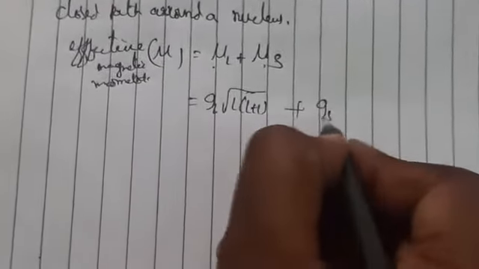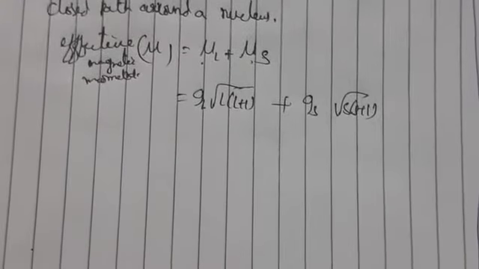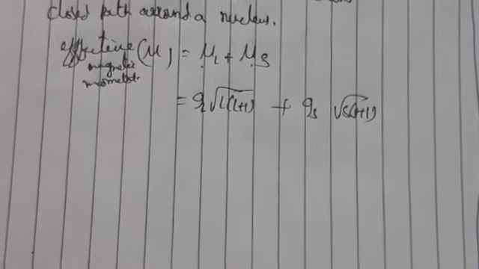As we know, this is G L into root of L into L plus 1, plus G S into root of S into S plus 1, with G S equal to 2.